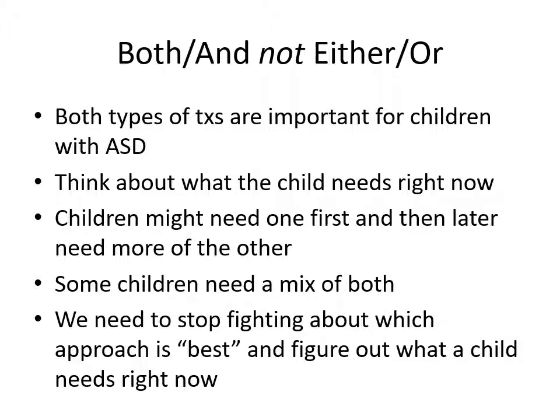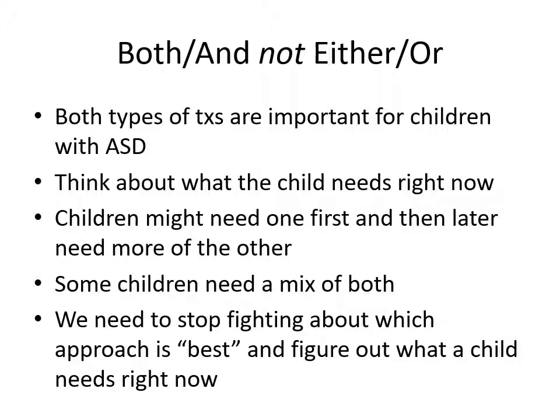So we need to just stop doing that and have more respect for one another's views and ideas, and realize that a child might need behaviorism and a child might need developmental relationship-based treatments, and their needs may change over time.